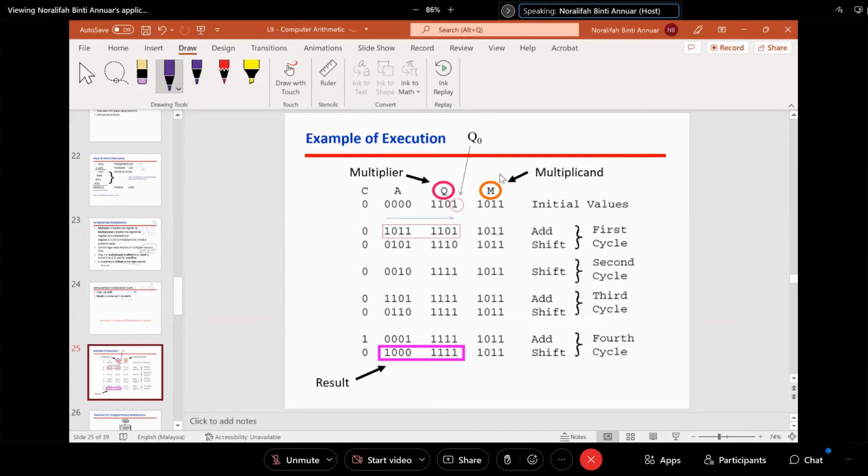The multiplicand is added to A. The multiplicand is M, and you need to add it to A. A was empty earlier, nothing there. So you add M to A. Do you get it, guys? You follow the step by step, based on the condition, based on its algorithm. After you add, what does it tell you to do?